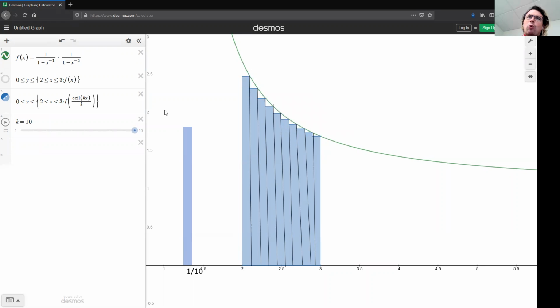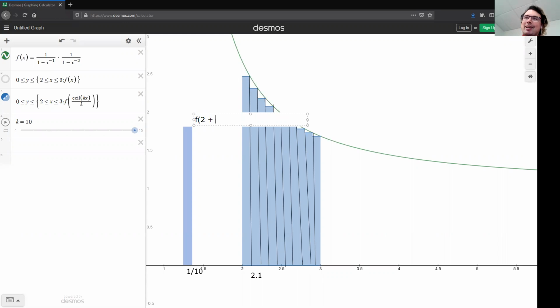My rectangles are width 1/10, and each rectangle has height determined by x, where I'm moving over by 1/10 every time. Oh, wait, no, that's not a mistake. That's on purpose. So starting at 2.1, the height of this rectangle is going to be f at 2 point what? 2.1, 2.2, 2.3, and so on.